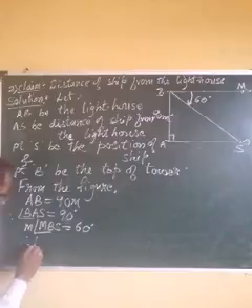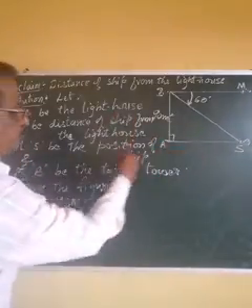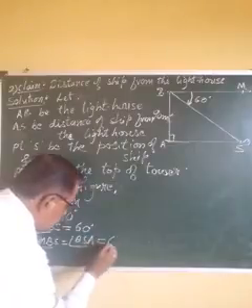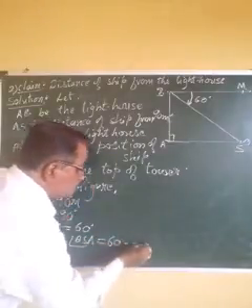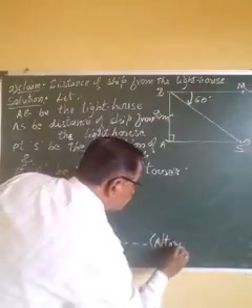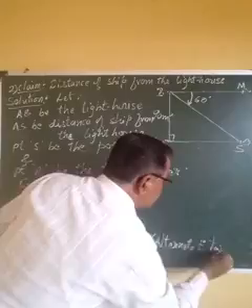Therefore we have angle MBS equal to angle BSA equal to 60 degrees. Reason, alternate angles test.